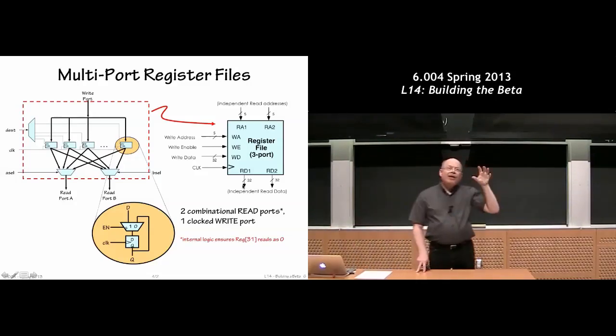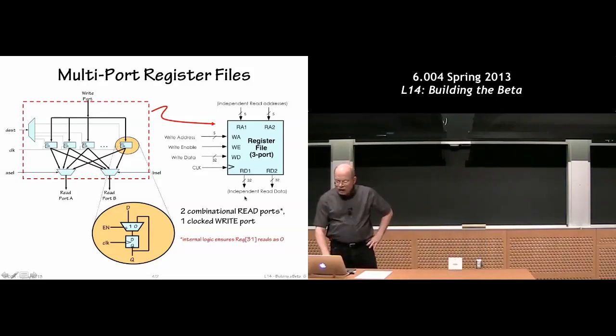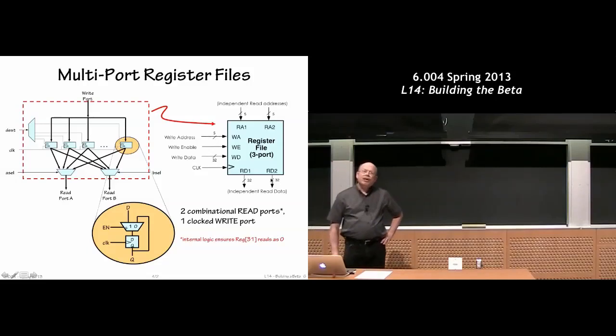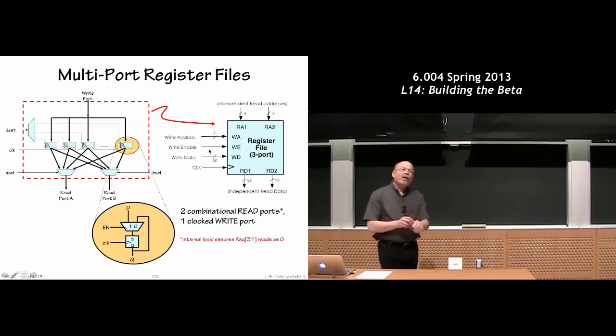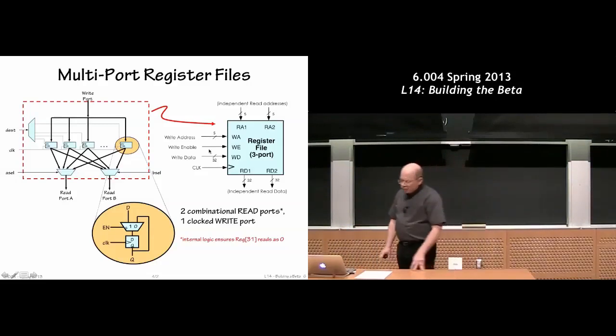After TPD, once the addresses become stable, we get the information out of the register file down here on the RD1 port and the RD2 port. So we're reading two separate registers out into the two data ports here. And then we can also supply a write address and some write data, and a signal that says, I want you to write. If we don't want to write at all, we can turn off that write signal.